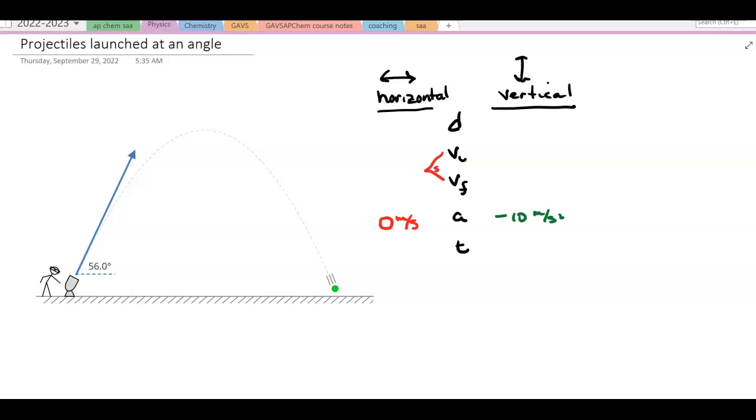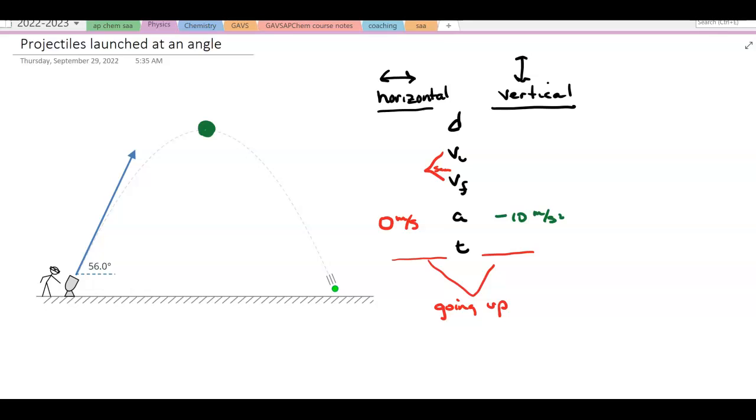It's always the same. We also share the time: the time to go up is the same as the time to move sideways. So going up, we know that as the ball rises right here, it will come to a stop, and then you can see the trajectory showing that it starts to fall back down on the vertical side.